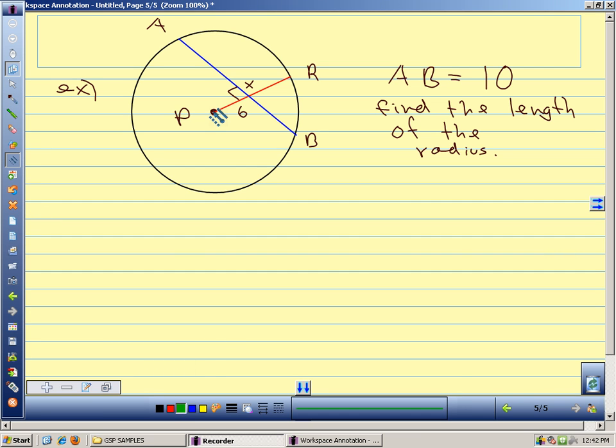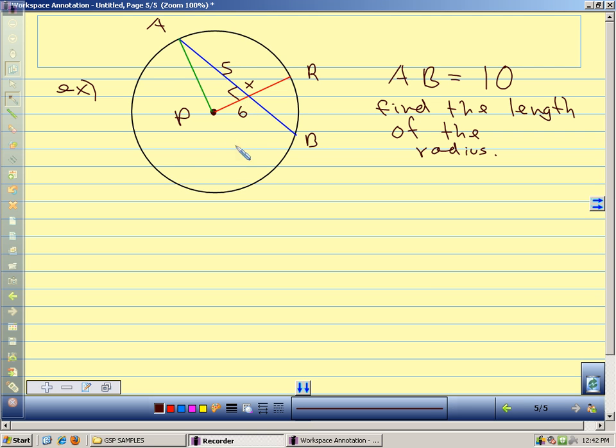So let's draw in another radius. Draw it in green. So there's my radius. What kind of triangle do I have here? A right triangle. I know one side. If I could figure out this side right here, I could use the Pythagorean theorem, right? This whole length from A to B is 10. It's 5 because the radius is perpendicular to the chord, so the radius cuts the chord in half.